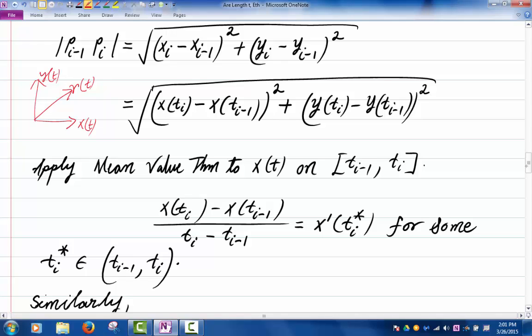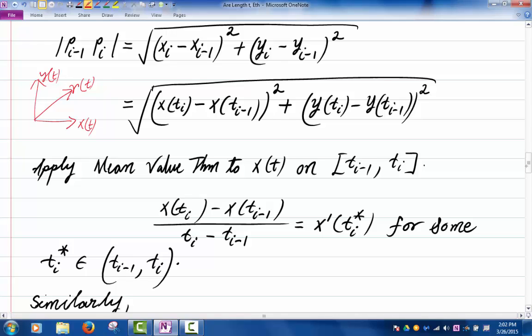That's the average rate of change of x over the time interval from t_{i-1} to t_i. Average rate of change of x means the average horizontal velocity, and that's going to be equal to the instantaneous horizontal velocity at some time in that time interval.